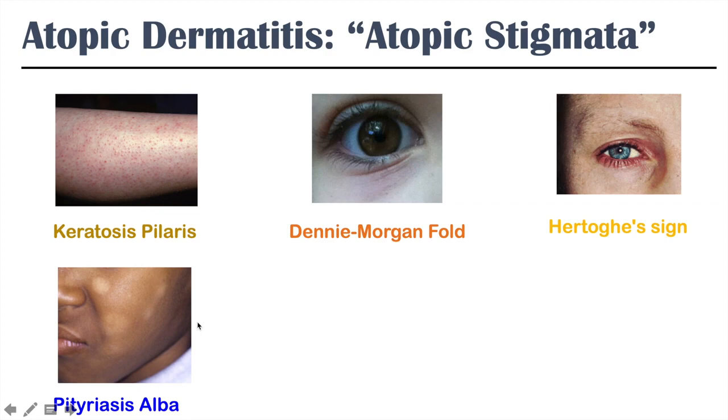So what happens generally is that if you have atopic dermatitis or eczema in certain parts of the body for a long time, it can actually cause scarring of that skin, and it leads to a whitened or a lighter skin tone or skin color. So that is pityriasis alba.